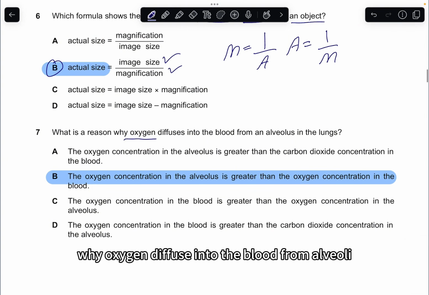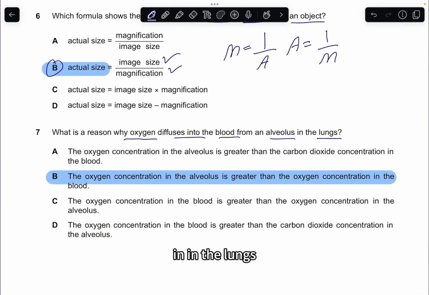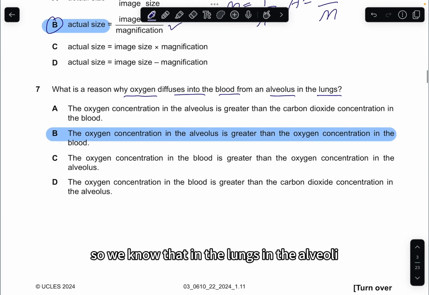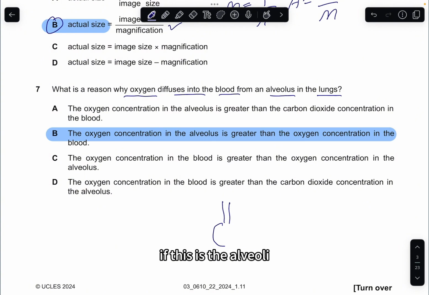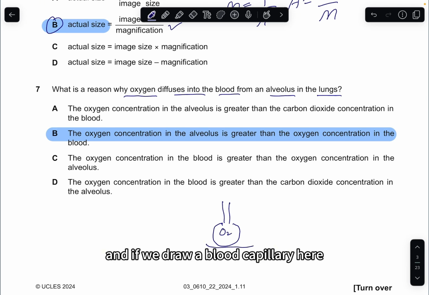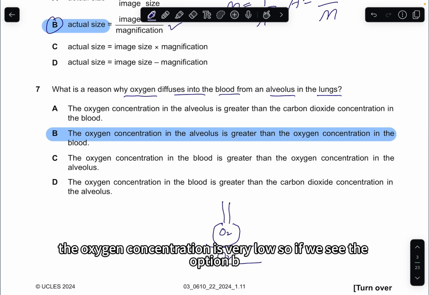What is the reason why oxygen diffuses into the blood from the alveoli in the lungs? We know that in the lungs, if this is the alveolus, you can see here, the oxygen concentration is very high, and if we draw a blood capillary here, the oxygen concentration is very low.